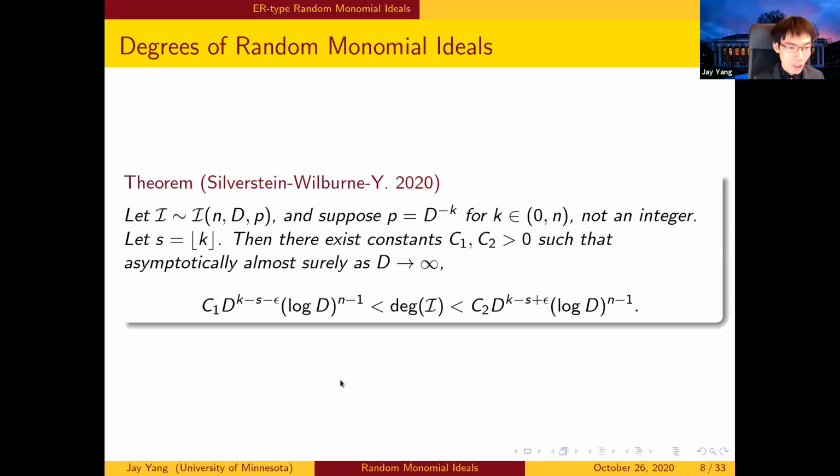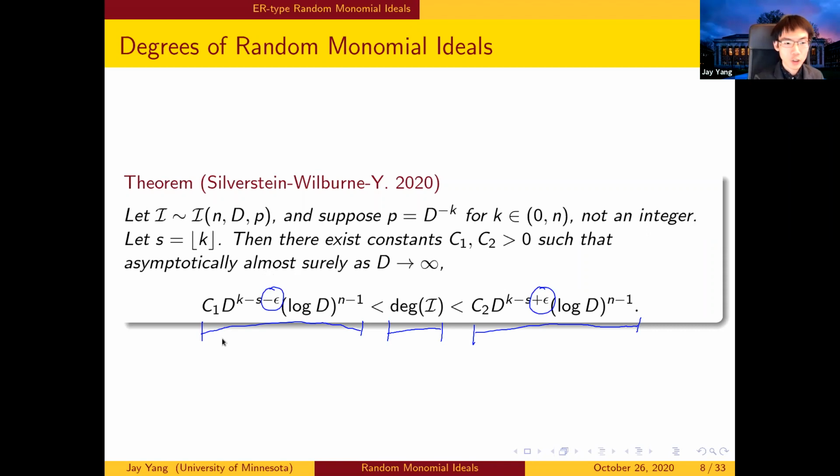So this is where the actual main theorem of that paper comes in, which is that we can constrain the degree of a random monomial ideal by these two parameters, which, if you notice, up to an epsilon are the same. So we have a plus epsilon and a minus epsilon in the exponent in this case.